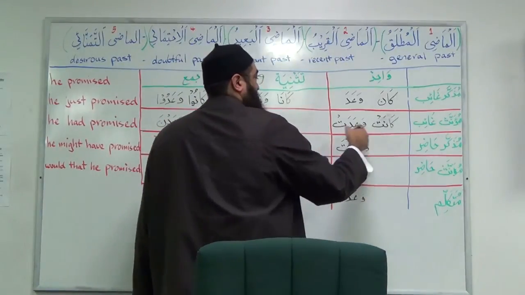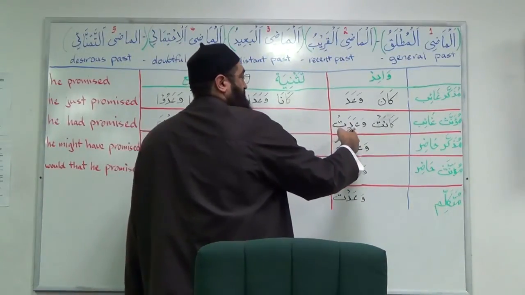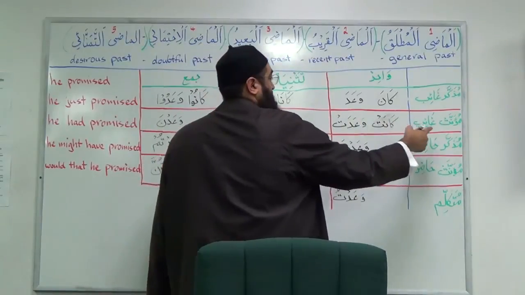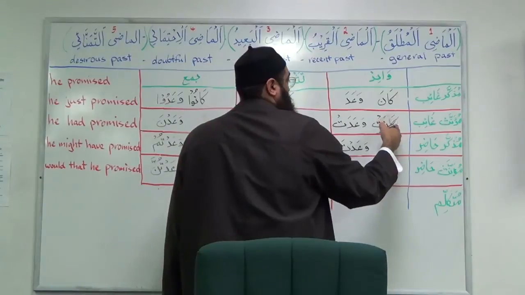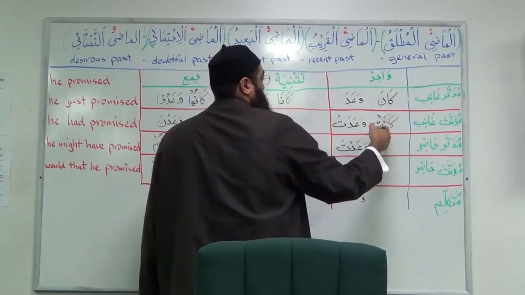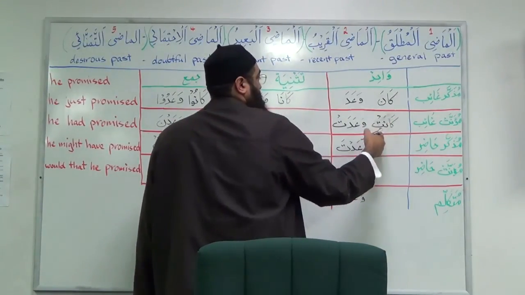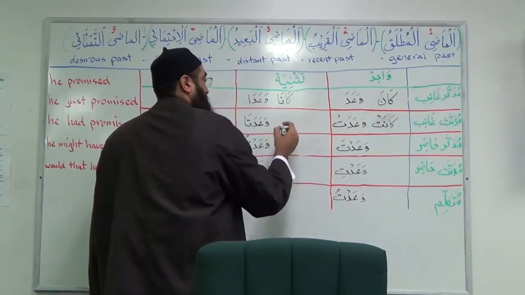So ta sakina at the end. So the word was wa'ada. Ta came for the mu'annas ghaib, wahid mu'annas ghaib. In the same manner, kana changed from kana to kanat for the wahid mu'annas ghaib.